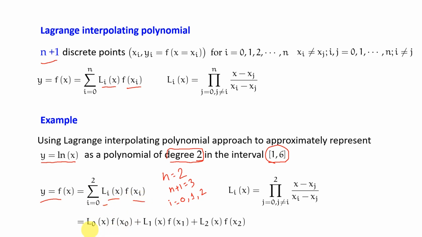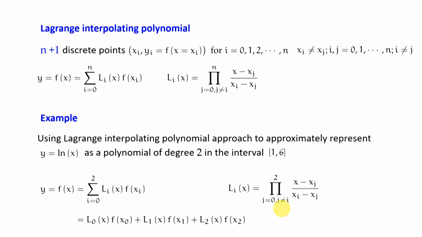Broken down, it is L0(x) f(x0), L1(x) f(x1) and L2(x) f(x2). We also know that Li(x) is the product over j equal to 0 to 2 of (x minus xj) over (xi minus xj), where j is not equal to i.